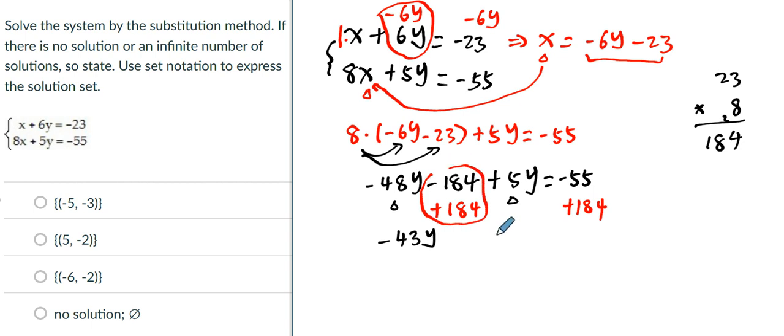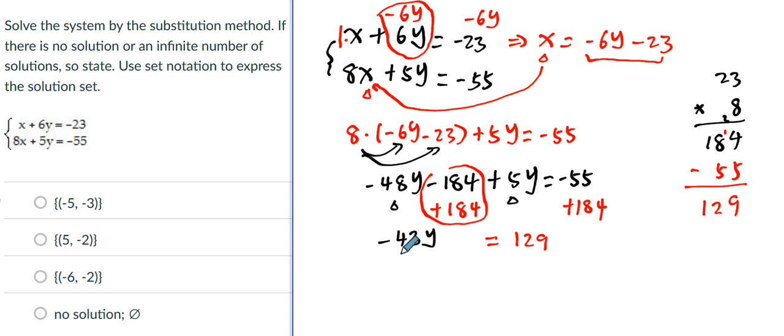So then what we get here will be 184 subtract 55. What do we get? 4 minus 5, not enough, so borrow 1 here. So then we have a 7 here. And here will be 14 minus 5, which is 9. 129. So then we have 129 right here.